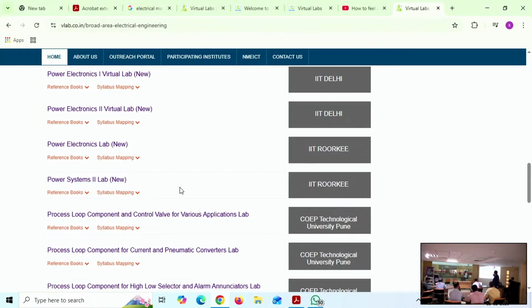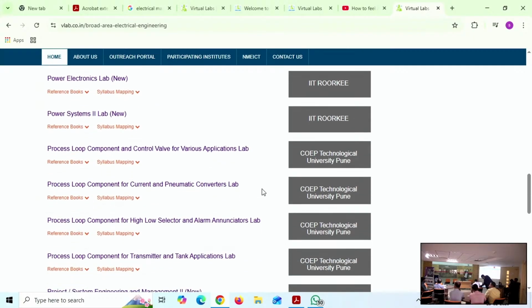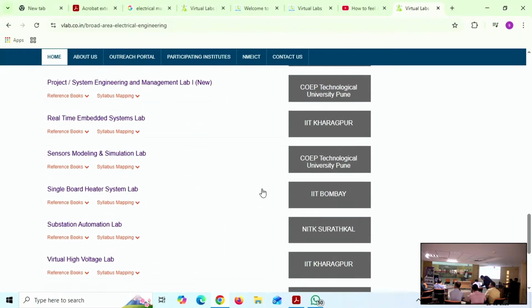This was developed by IIT during our Corona period. Some by IIT, some others contributed. But as I am saying, do not take IIT for granted. IIT Kharagpur has developed a high voltage lab. This is how it will work. Virtual lab, first the high voltage lab, because a high voltage lab is very costly.